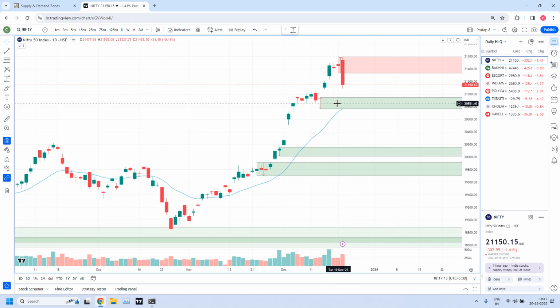But what is the power of this demand zone? We never know unless it gets the achievement. If the power is more, prices will again move up. Probably if the supply zone is violated, this demand zone gets the zone achievement, and this is going to be a powerful demand zone. But if this supply zone is able to break this demand zone, this supply zone gets some special power, super power.